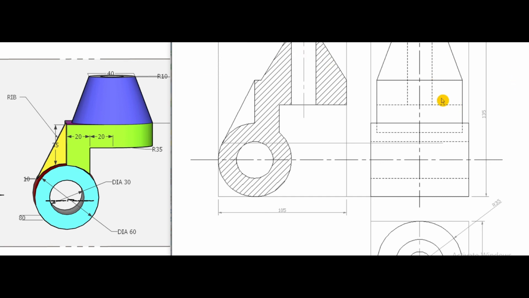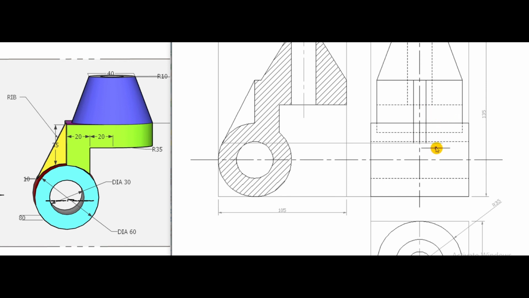So pick up this point and draw a line at 5 millimeter. Draw this line up to here. Again from this 5 millimeter here, thus the rib in front view is also completed.